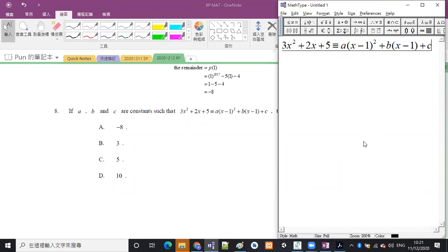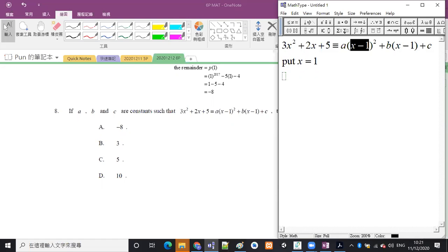Put x equals 1. Because when we put x equals 1, then this bracket becomes 0.